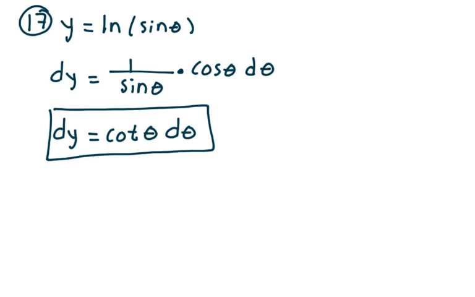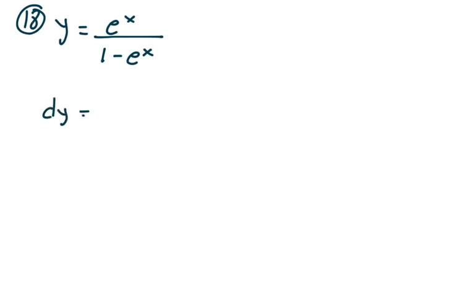And then lastly is problem 18, and that's the last one for this video here. Suppose y equals e to the x divided by 1 minus e to the x, and I want dy. Well, to find the derivative here, I need to apply the quotient rule. So we're going to write down the denominator, which is 1 minus e to the x.